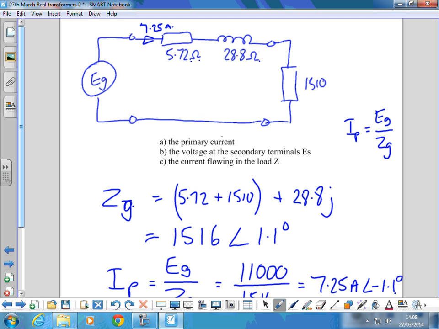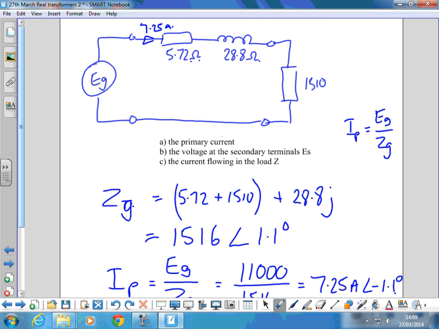Well, do the load resistance multiply the output voltage. Which you ain't got yet. You ain't got ES. That's what you're now being asked to find.